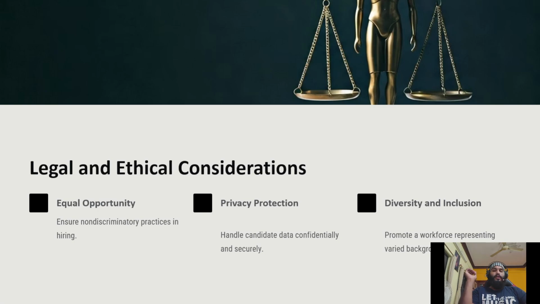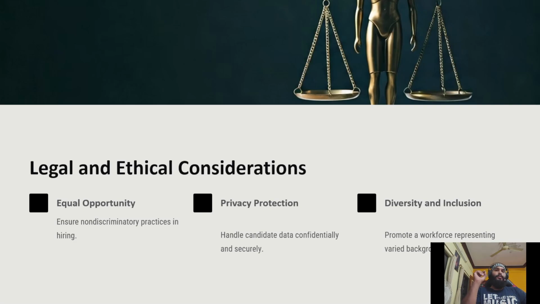So during these procedures, there are some legal and ethical considerations that the HR has to keep in mind and move forward with: every candidate or applicant should get an equal opportunity, and there should be no discrimination in the hiring process.